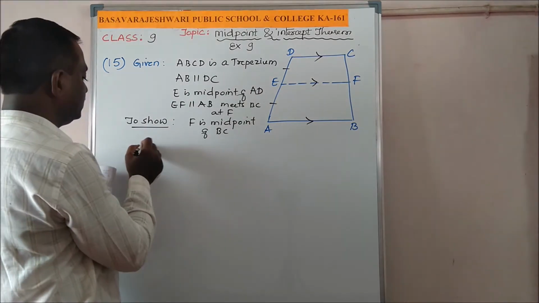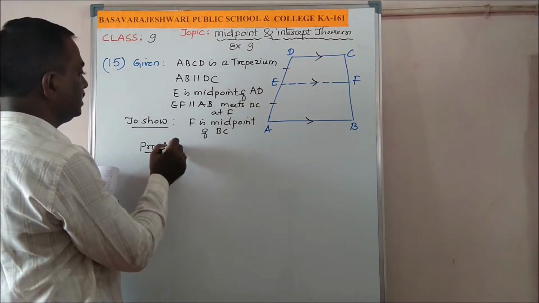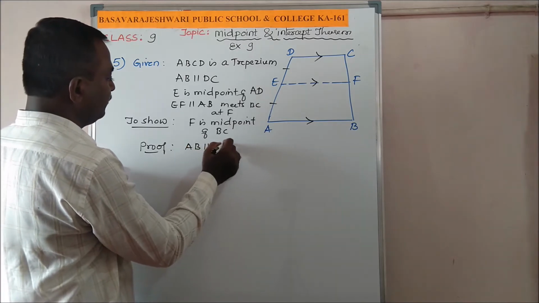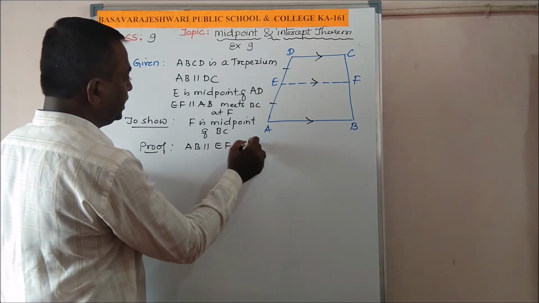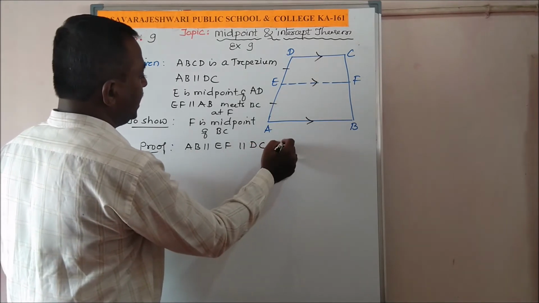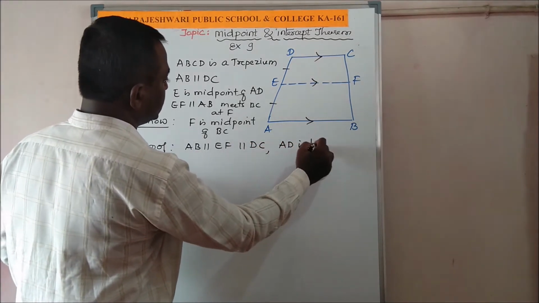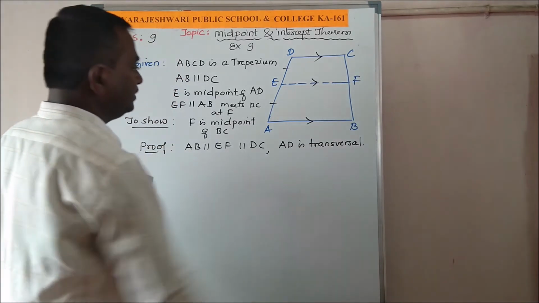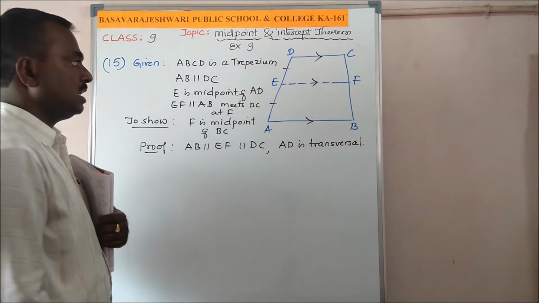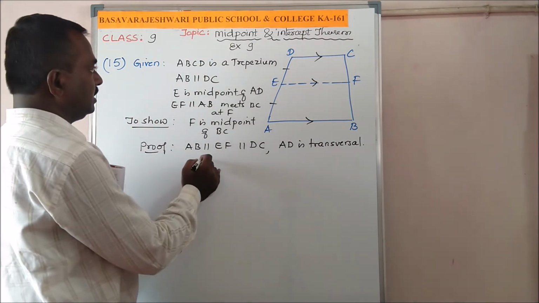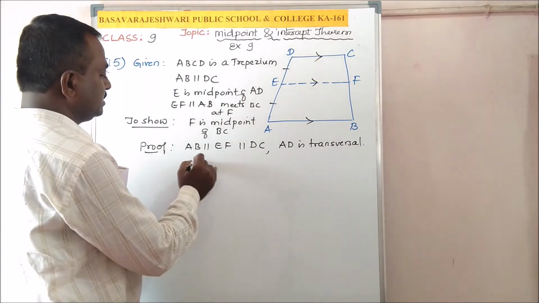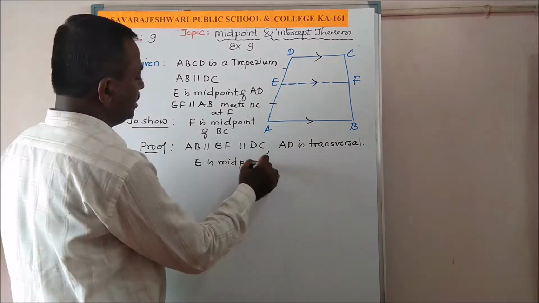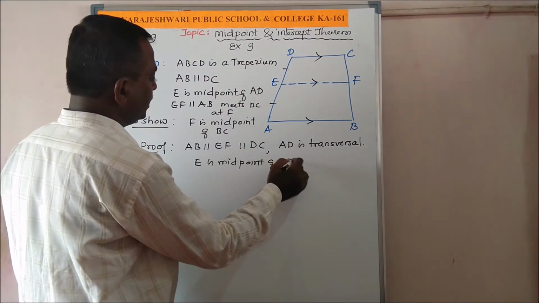So for the proof, in short you will write: AB is parallel to EF, parallel to DC, and AD is a transversal. Correct? They have given E is the midpoint of AD.